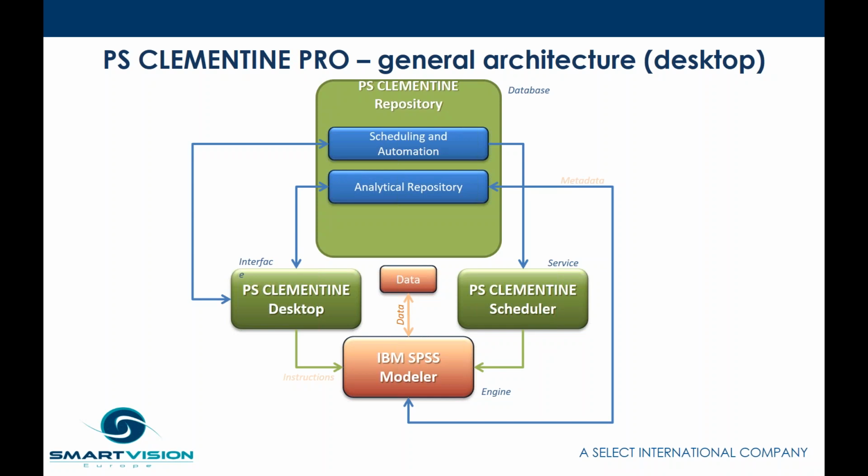It has its own architecture with which to do that, which is very similar to the collaboration deployment services architecture, which is all based around the fact that you have a database effectively, which is where you store your SPSS syntax or your Modeler streams.